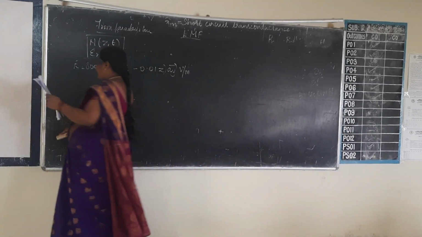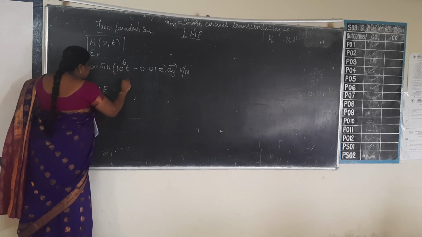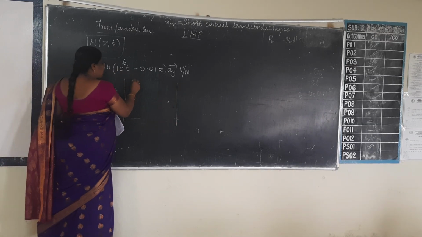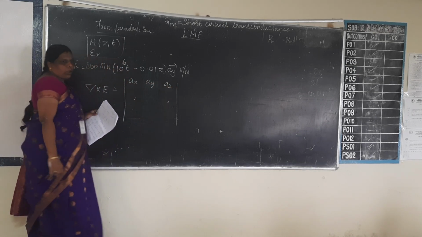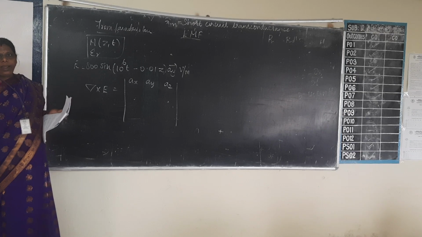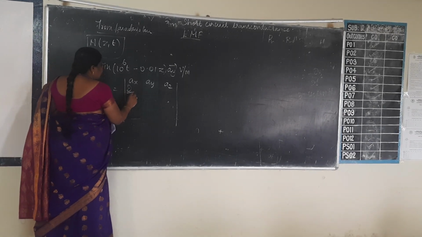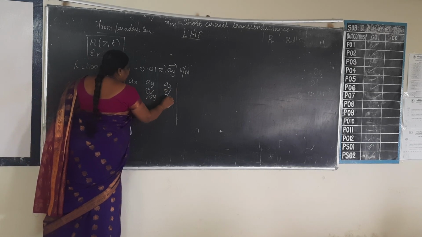How do you find out del cross E? Listen here. You are given the E vector. You have to have the values Ax, Ay, Az, with dou by dou x, dou by dou y, dou by dou z.